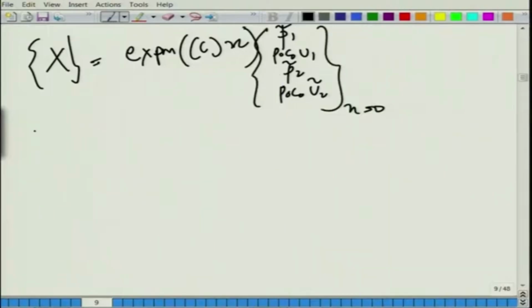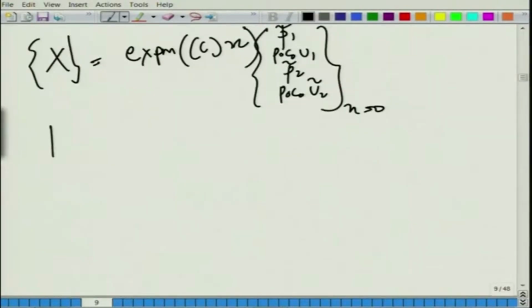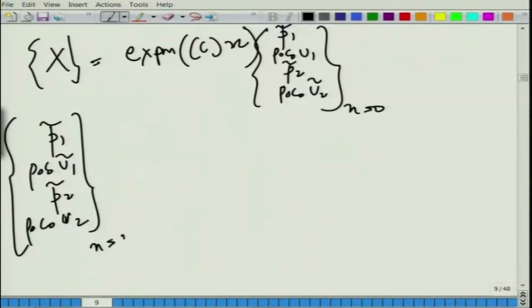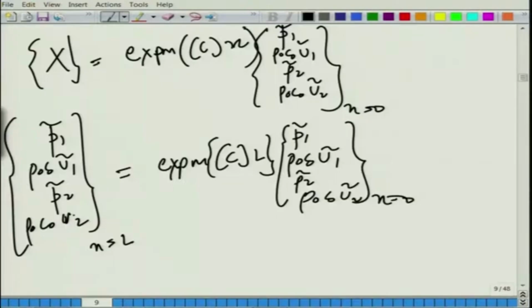If you go back to our figure, this was x equal to L, so at this point, expm of L times P1, rho naught c naught u1 tilde and P2 at x equal to 0.